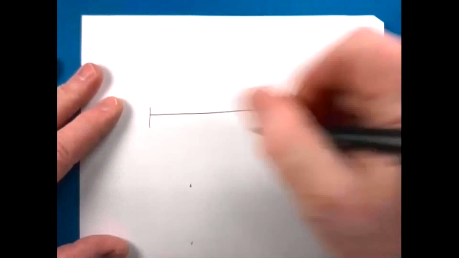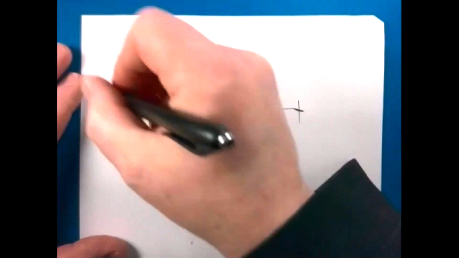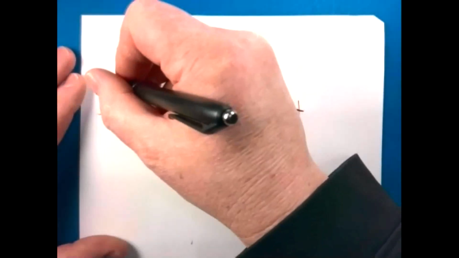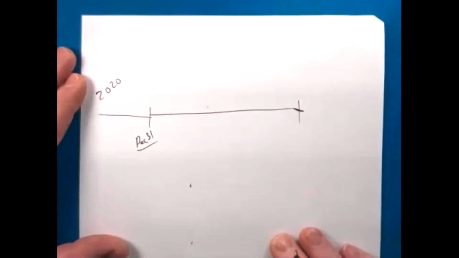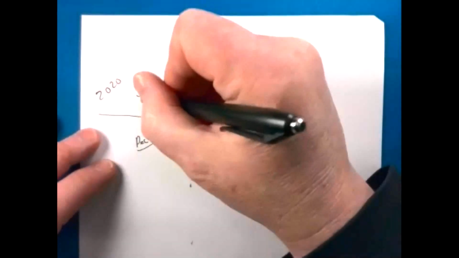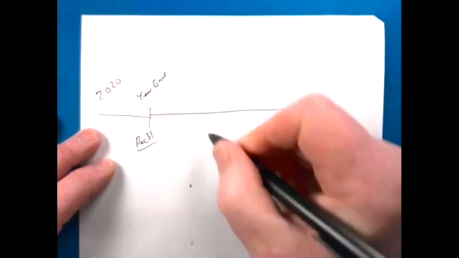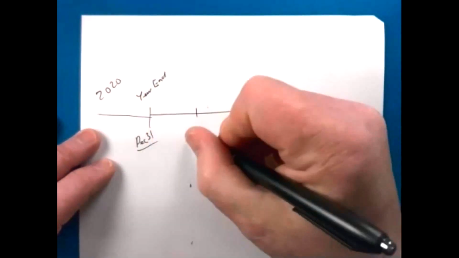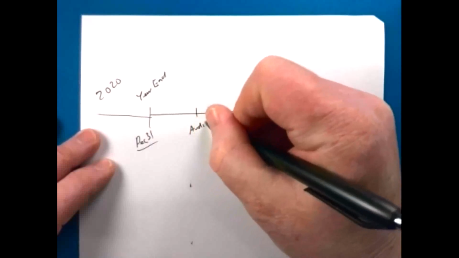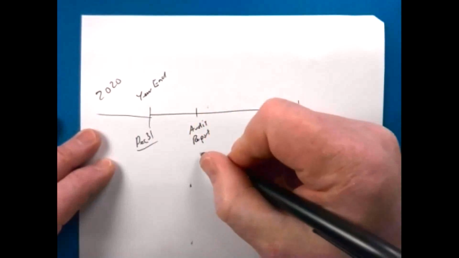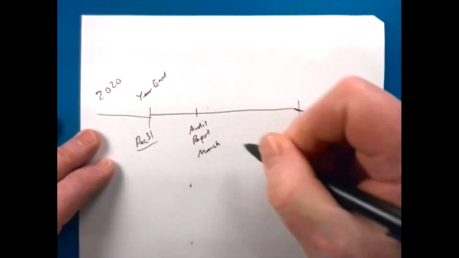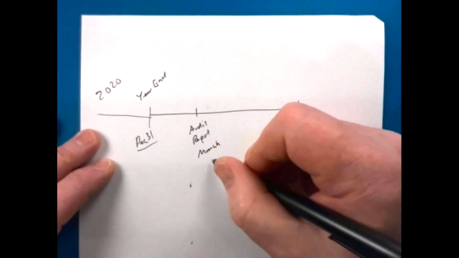It's sort of like this. So let's say that this is 2020. So this is December 31st. That's their year end. And let's say that their audit report comes out on say March 15th.